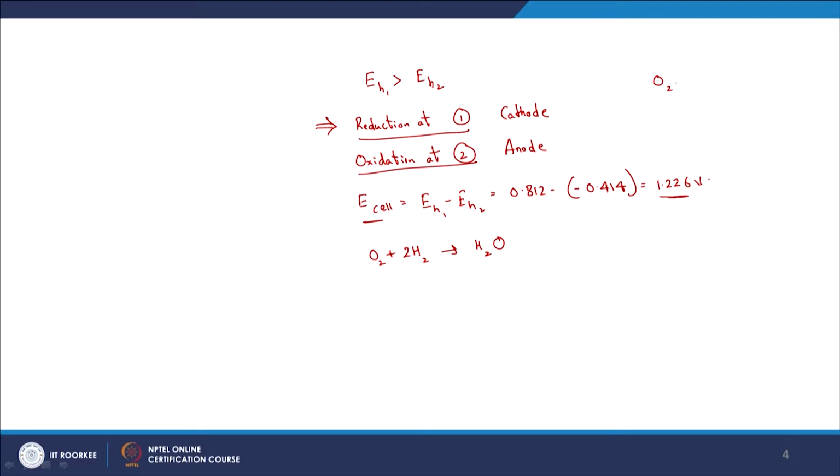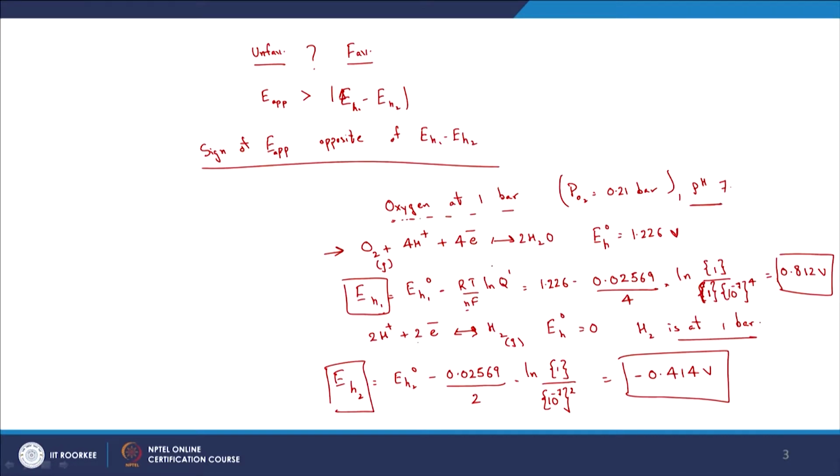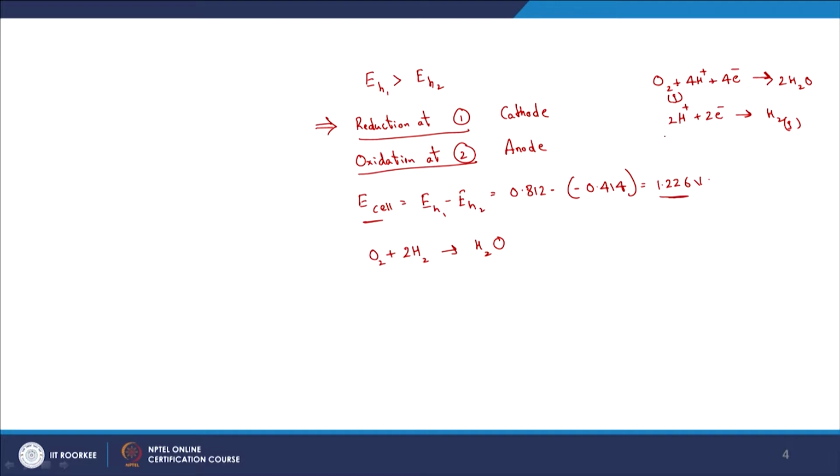O2 plus 4H+ plus 4 electrons goes to 2H2O, and the second one is 2H+ plus 2 electrons goes to H2, gaseous here and gaseous here. Do we have the right equations? I guess so. If this proceeds as reduction, this reaction will stay as it is. If this proceeds as oxidation, we need to swap it.